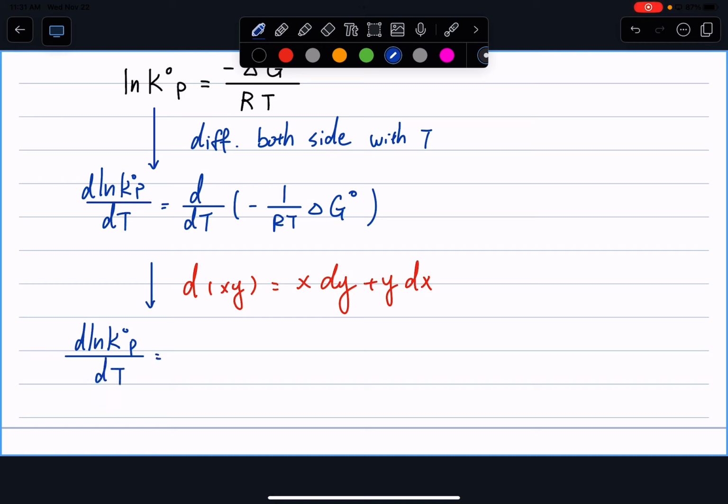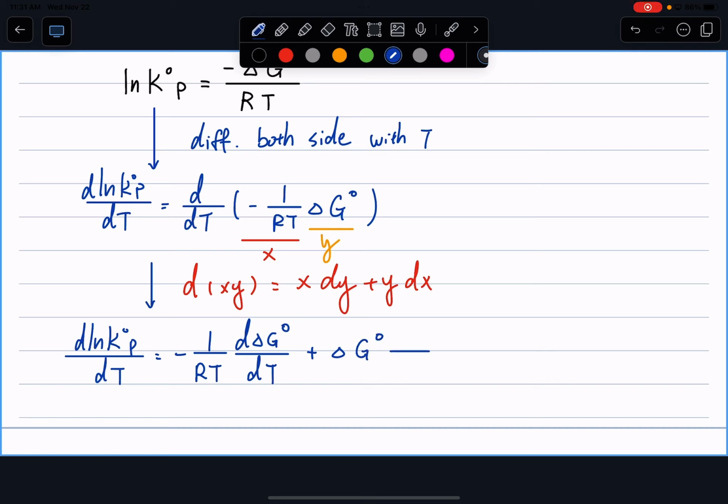On the right-hand side, now your x is negative 1 over RT and your y is your delta G. So what we have is negative 1 over RT times d delta G naught over dT, plus delta G naught times 1 over RT squared. All right, so that's just calculus.